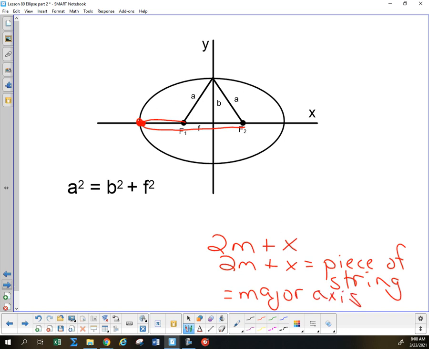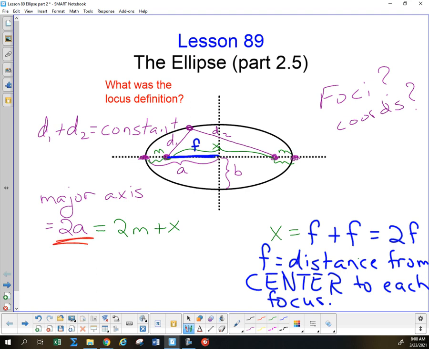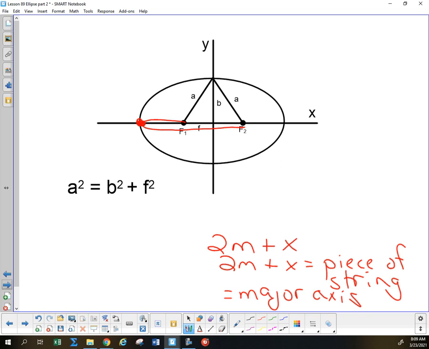And remember I said on this side, the major axis is also 2 times the square root of that bigger denominator. So on this picture now, I don't need that red piece of string anymore, so let me erase it real quickly.